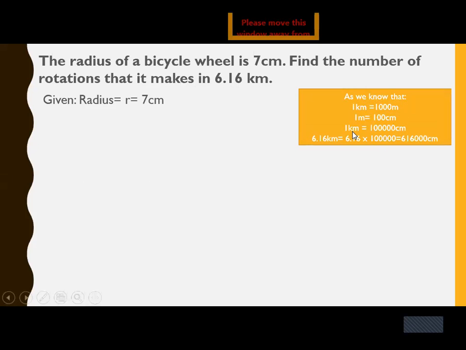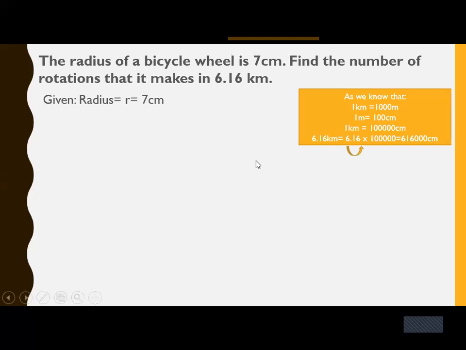Again, we are doing the same thing. We are converting 1 kilometer into 1 lakh centimeter, because the units are in centimeter and kilometer. When we multiply it with 1 lakh centimeter, the decimal is moved 2 places, and 3 zeros will be added over here. We get 616,000 centimeter.